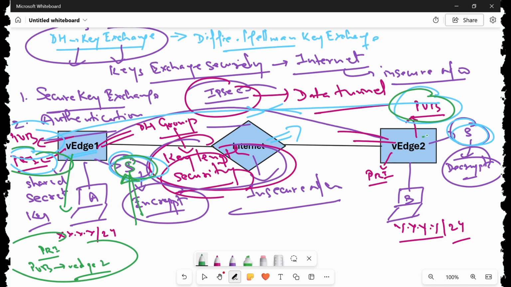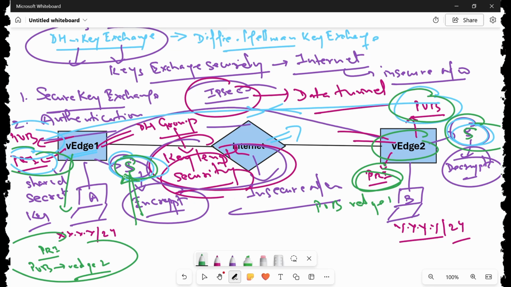The same thing, vEdge2 will use its private key and the public key of vEdge1 to generate the shared secret key using the Diffie-Hellman algorithm, the DH algorithm.